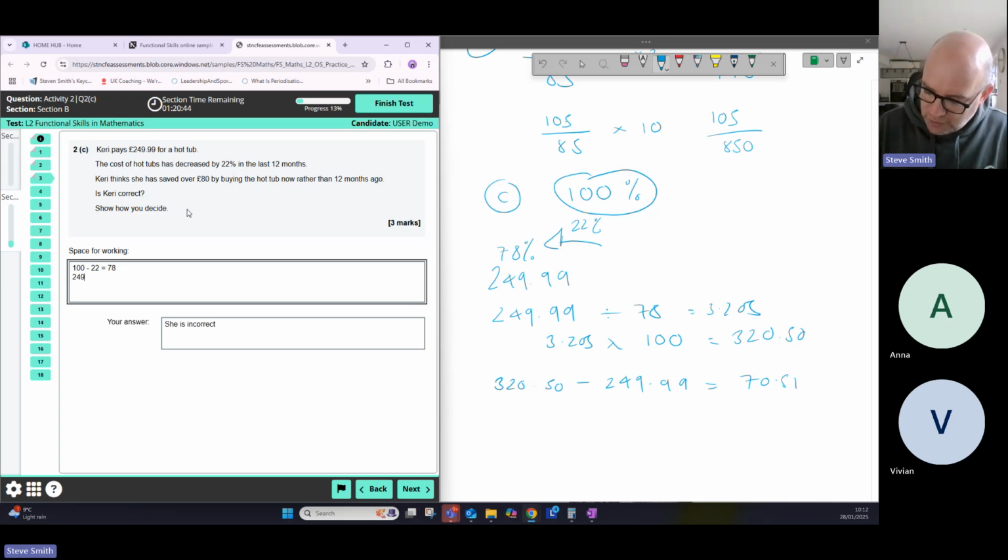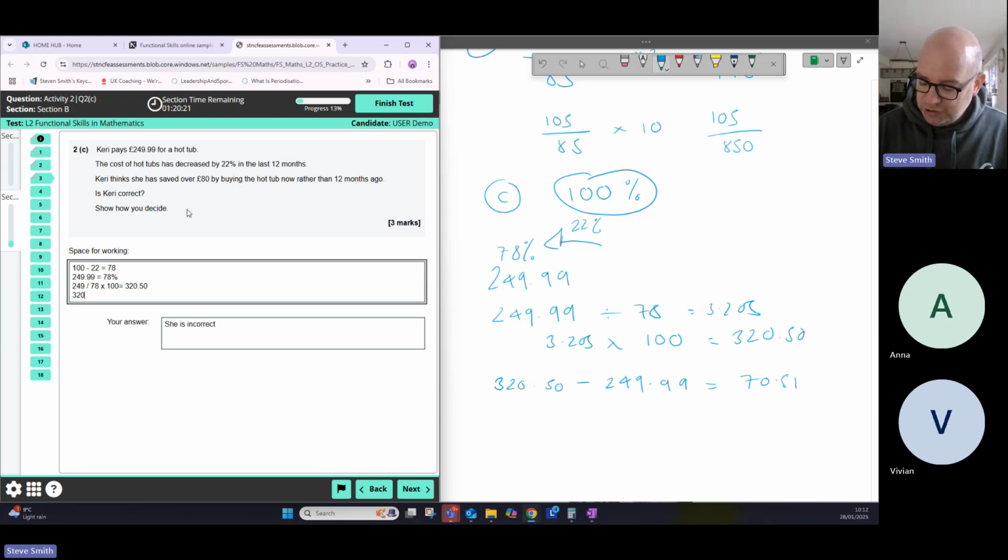So the 249.99 equals 78%. Then I've done my sum, the only bit of maths I did, 249 divided by 78 times 100 equals 320.50. That's what the original price was, but that wasn't the question.